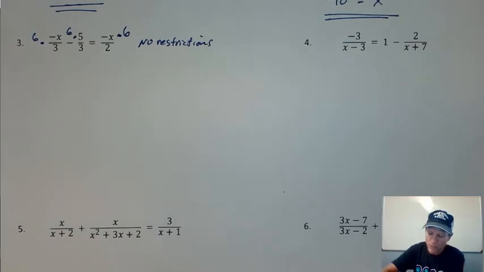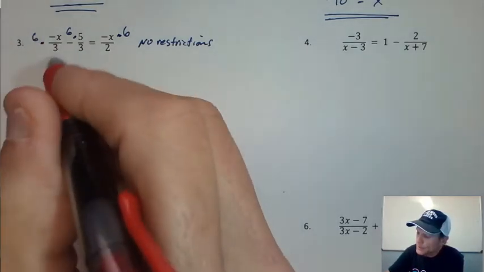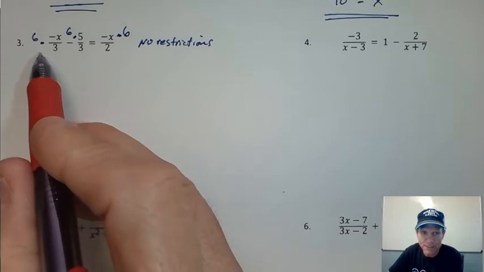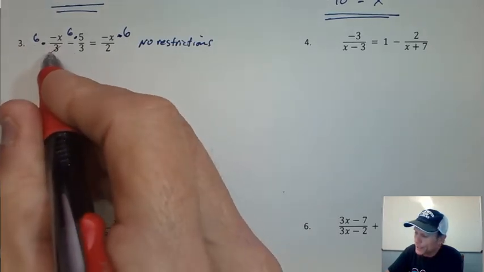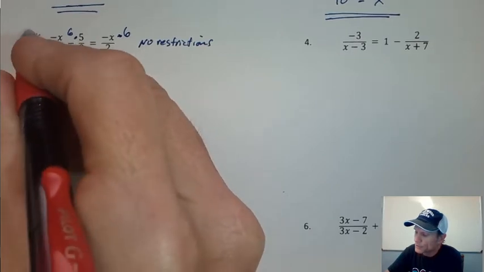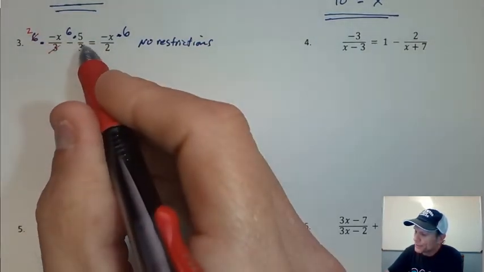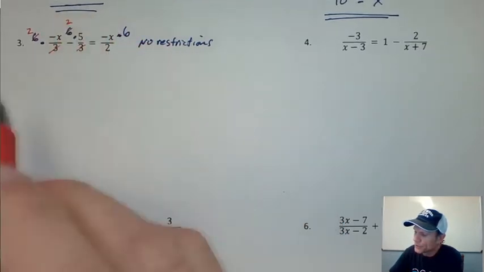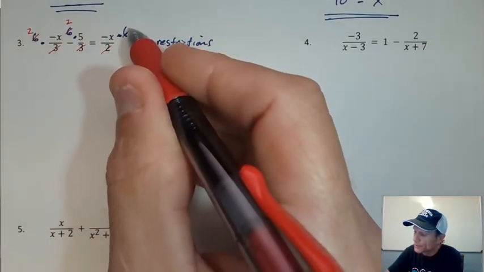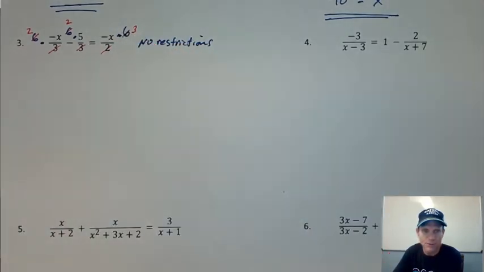So what happens here is these sectors clean up. In this sector, the 3 will cancel out, and this becomes a 2. Here the 3 will cancel out, and this becomes a 2. And here the 2 will cancel out, and this becomes a 3, because of our cross reducing.